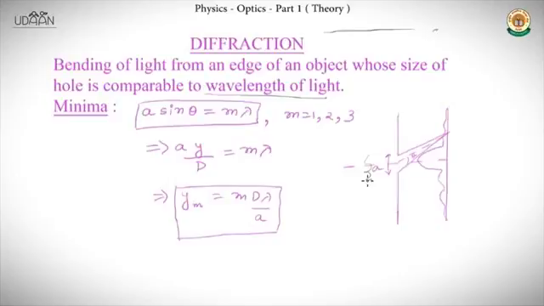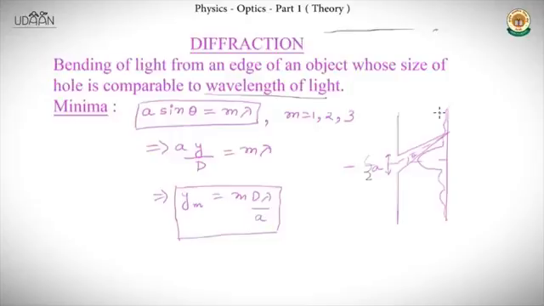Now, minima can occur when a sine theta equals an integral multiple of the wavelength lambda, which will give the position of any point on the screen where the minima occurs as an integral multiple of capital D, which is the distance of the screen, into wavelength divided by the diameter of the hole.